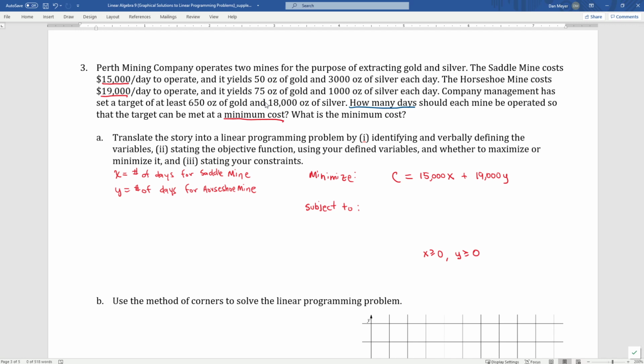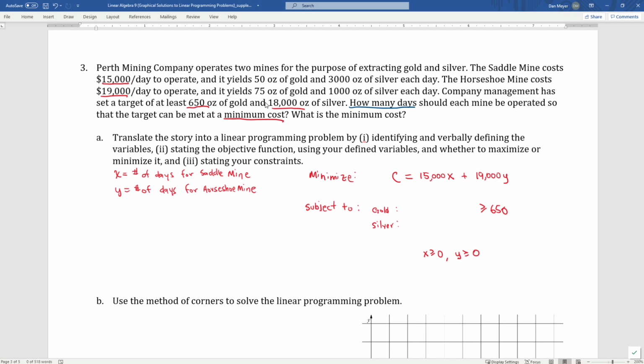All right, so we've got 650 ounces of gold and 18,000 ounces of silver that we need to mine. And so there's going to be two equations: a minimum gold inequality, and a minimum silver inequality. The amount of gold that we mine has to be at least 650 ounces.